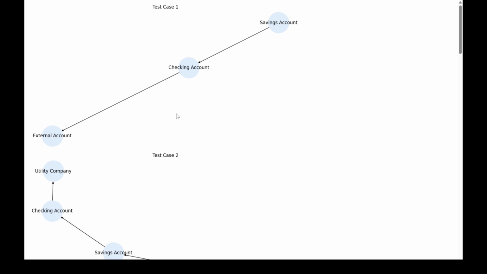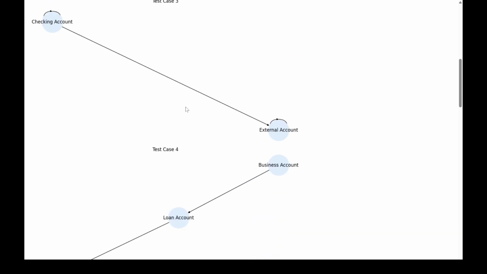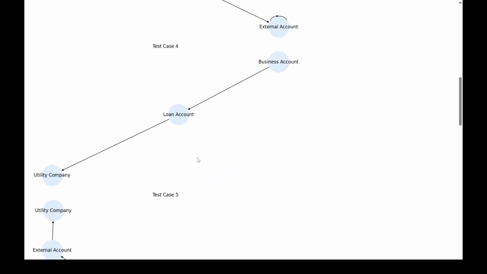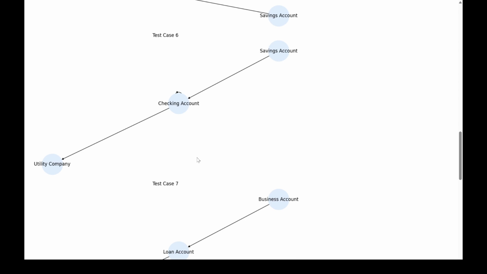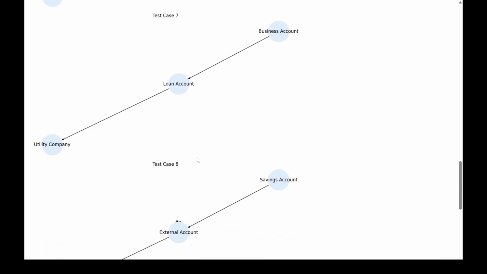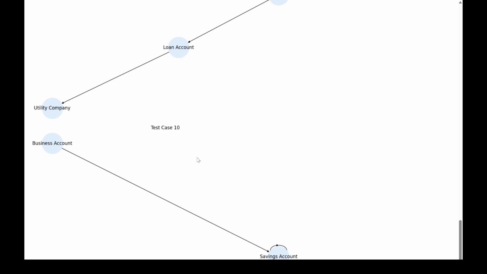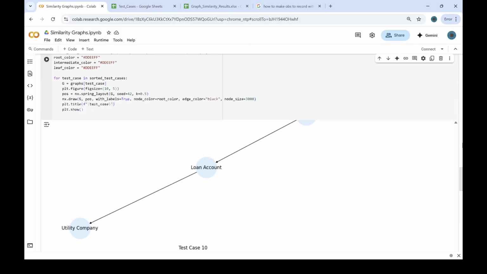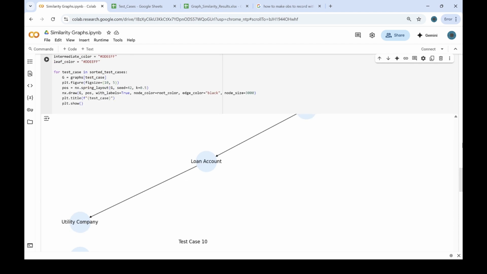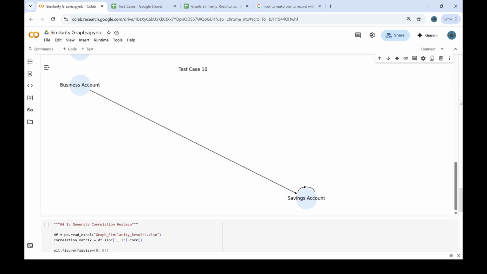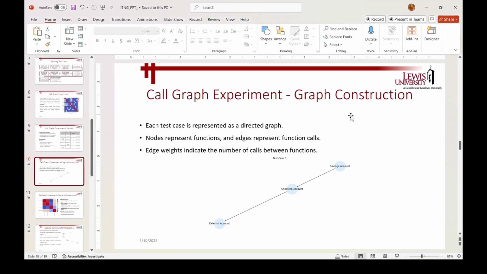Nodes are the functions and edges are calls. We can see all the 10 test cases. This is how we have constructed the test case call graphs.